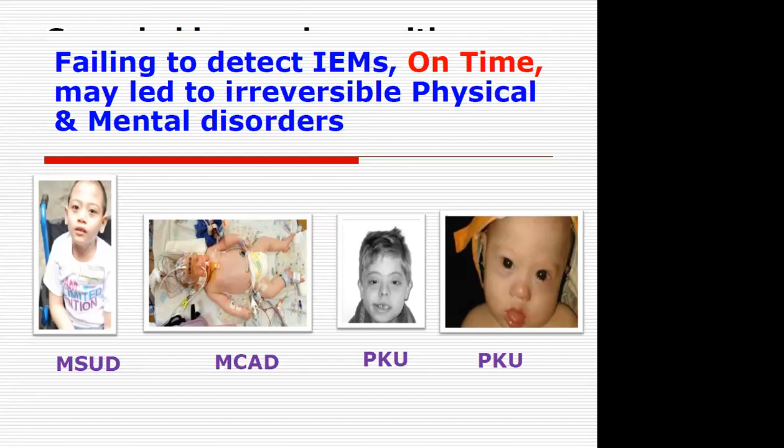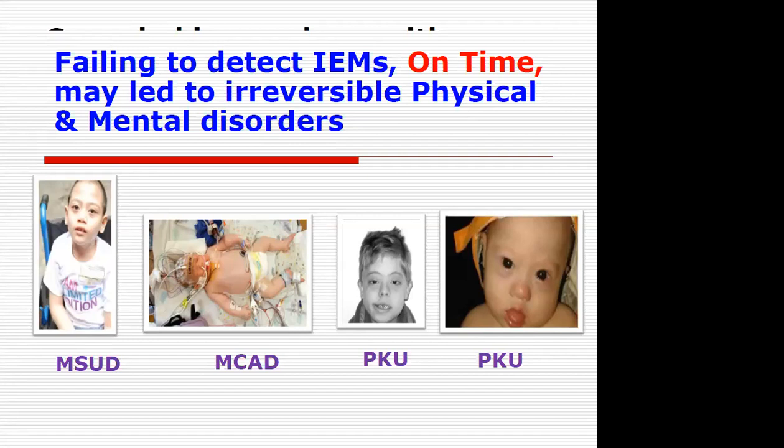But the good news is that if we recognize and diagnose the metabolic disorder on time, then we could have treatment measures, and we could do something about it. If we, for instance, change the diet for the baby, and she or he is fed a special type of milk, we could manage and handle the disease, and the baby is going to be saved this way.